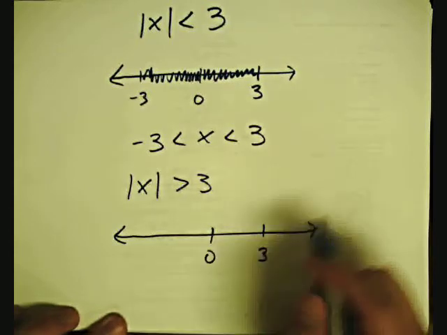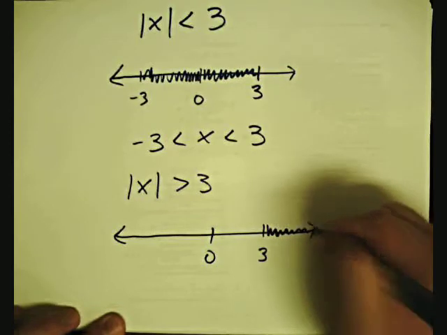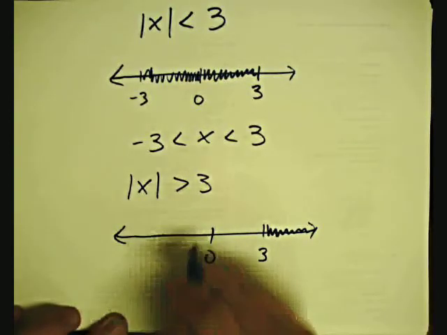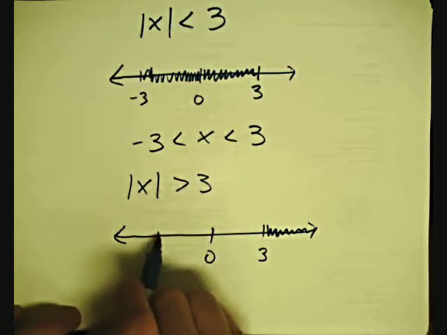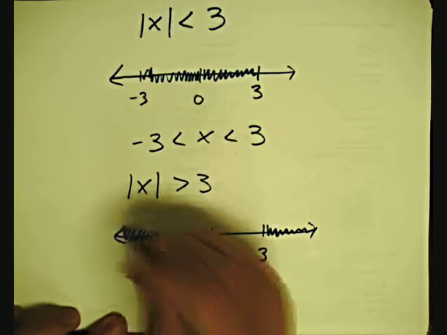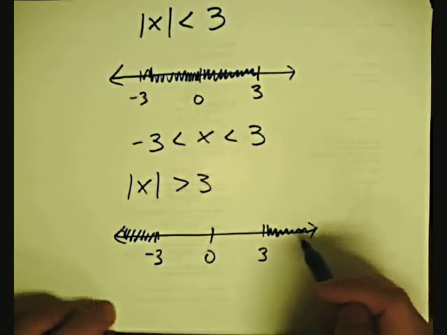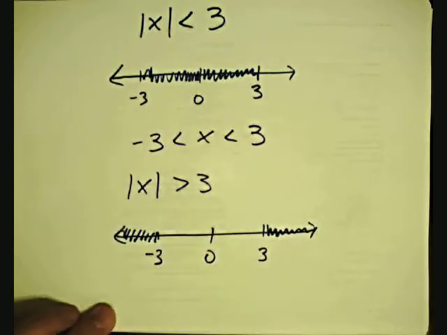To the right, it'd have to be more than 3 away from 0. That would be everything past 3. We can also go 3 to the left, and we want to be a distance further away from 0, so that would be this part of the number line. These two separate regions do not connect to each other, so we're not looking at a compound inequality.